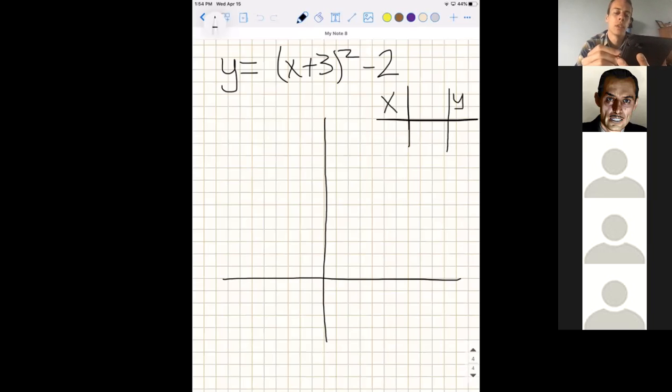I'll give you a hint. If you're looking for x values, I would use -5, -4, -3, -2, and -1.